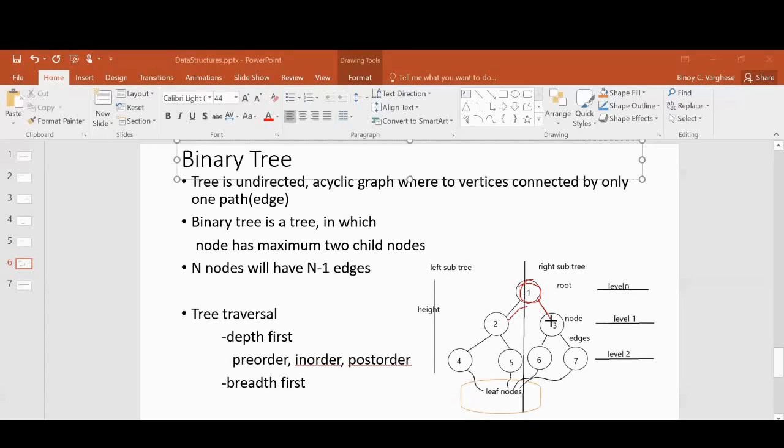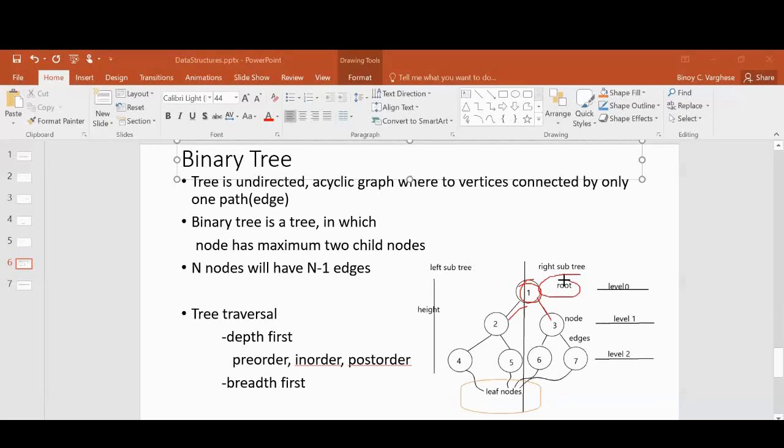So 2 and 3 are called child nodes. The child nodes 2 and 3 have one parent, that is 1. Here we can see that the tree data structure starts with 1. There is no other node on top of 1, so this particular node, node 1, is called the root.